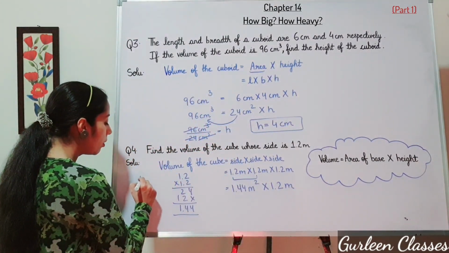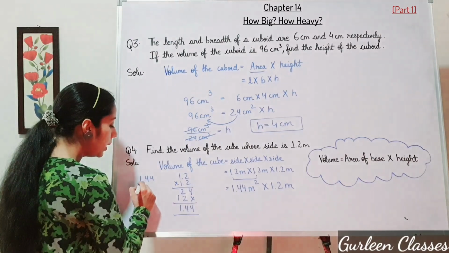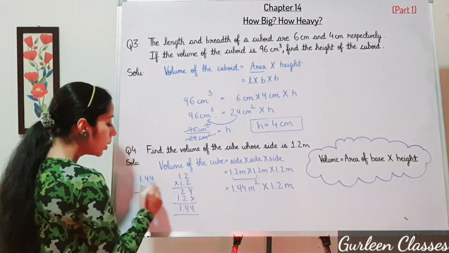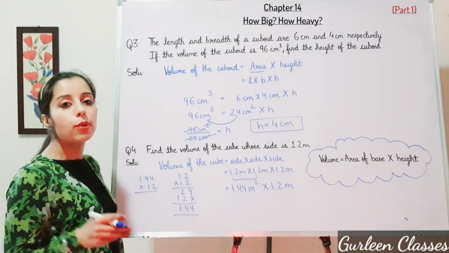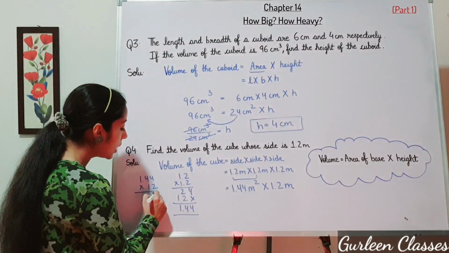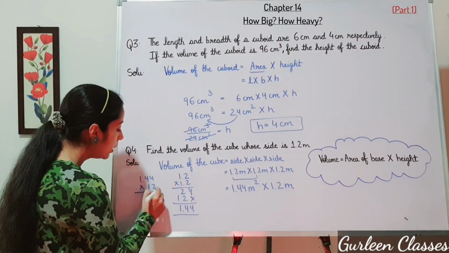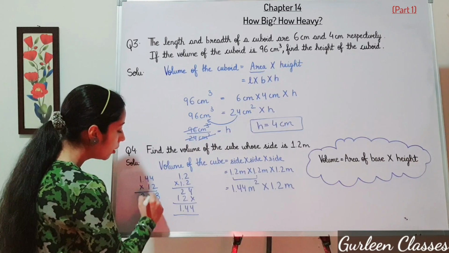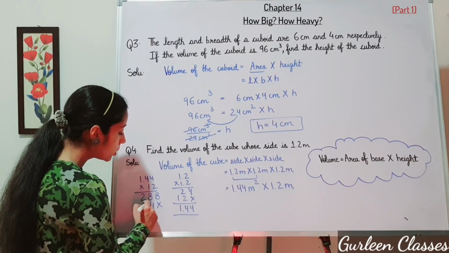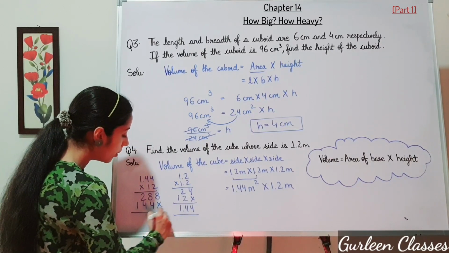So multiply 1.44 into 1.2. Ignore the decimal points. We'll put decimal points at last. So 4 twos are 8. 4 twos are 8. 2 ones are 2. 1 fours are 4. 1 fours are 4. 1 ones are 1.